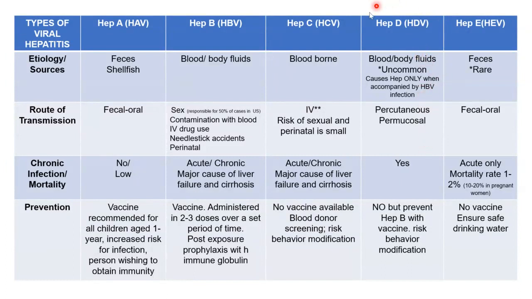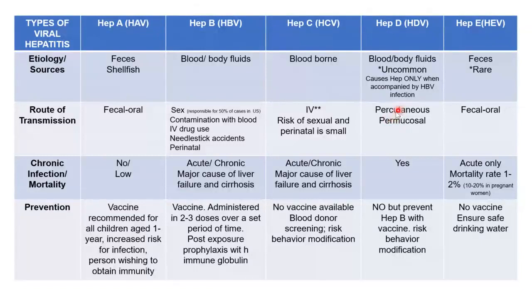Hepatitis D and hepatitis E are a lot less common, and there are just a few things you need to know. Blood and body fluids are the sources, but it is uncommon. Here's the main thing to know about hepatitis D: it's more common in third world countries, as is E, but in our country it causes hepatitis only when somebody has hepatitis B. If somebody has hepatitis B, they can be prone to getting hepatitis D, but if they don't have hepatitis B, you can't get hepatitis D. That's why it's uncommon.